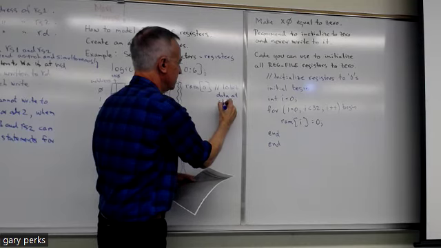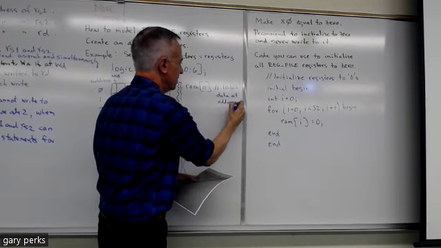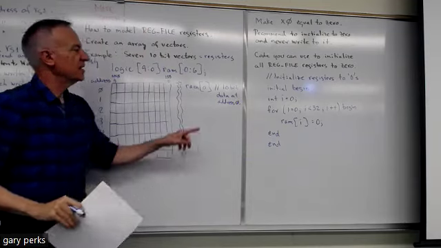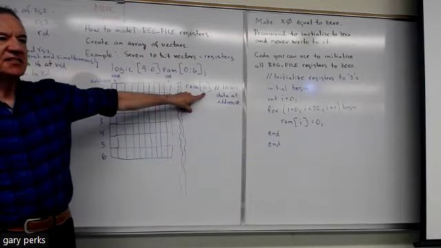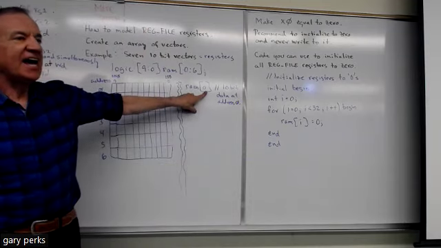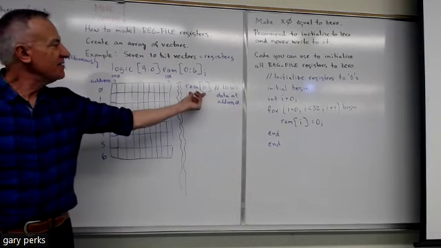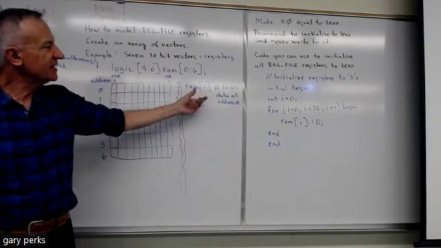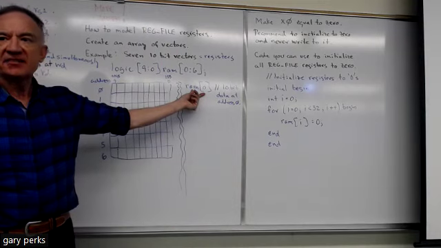So what goes inside the brackets here is the address of the register. And then this is going to access the data that's at that address.